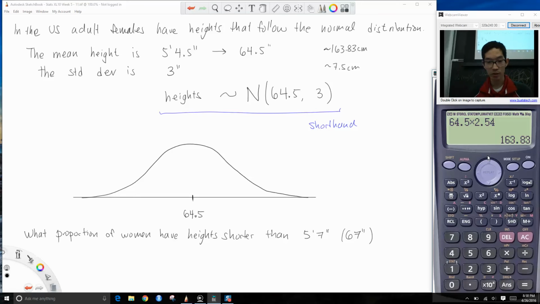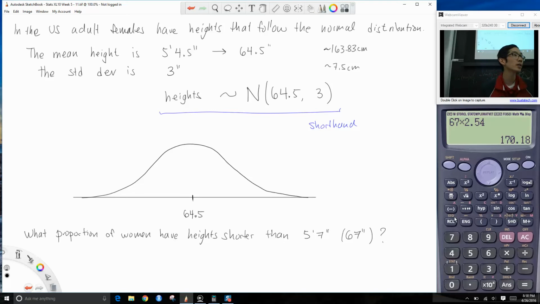Okay, and 67 inches for our metric friends is about 170 centimeters, okay? So what proportion of women have heights shorter than 67 inches? Okay, so when I draw this diagram, I put the mean, 64.5, in the center, right? And then I'm going to draw a cutoff line above 64.5 at 67.